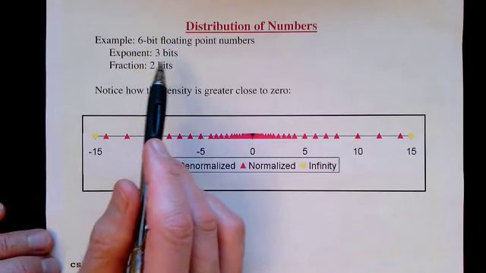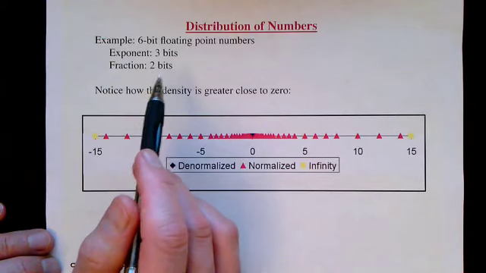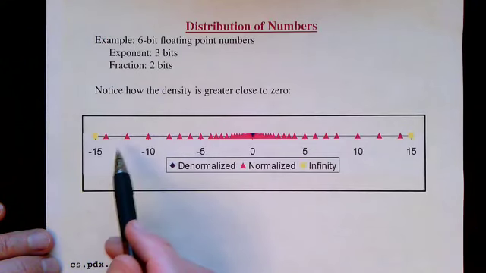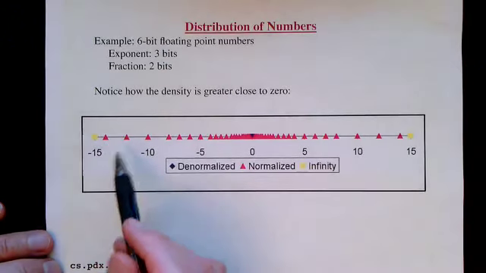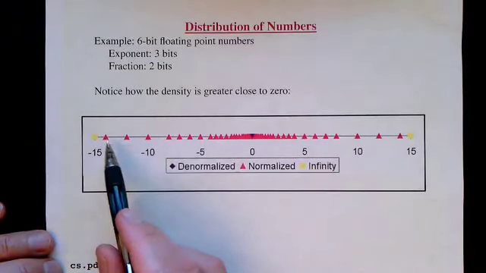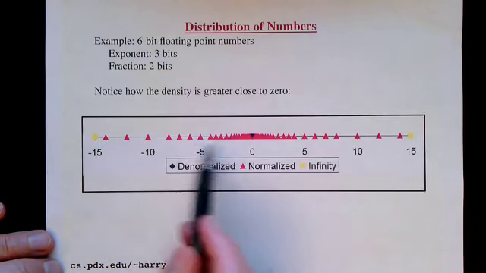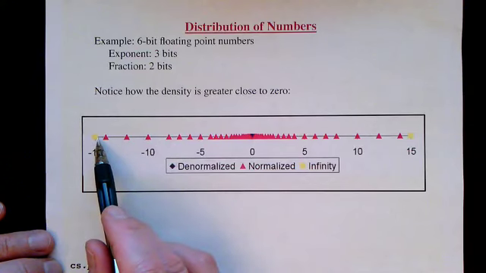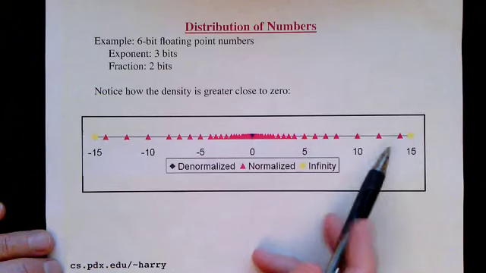Our exponent is limited to 3 bits, and our fractional portion is limited to 2 bits. But it shows the same idea that we have with larger representations. And in particular, look at what happens to the values. So here's our number line with 0 in the middle, and we have representations for infinity, which are shown here, sort of arbitrarily positioned at the right and left ends.